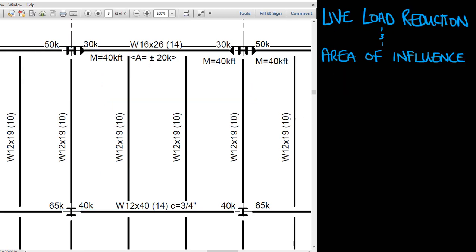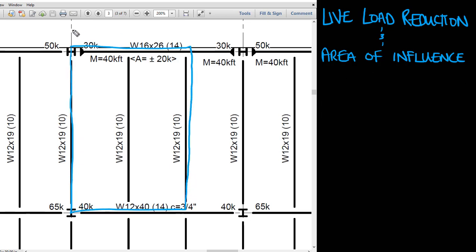So let's quickly just talk about the concept of live load reduction. If we look at this beam here and consider the amount of area that it supports, its area of influence, we would be referring to this box here. And again, the dimensions are off the screen, but this is 20 feet.